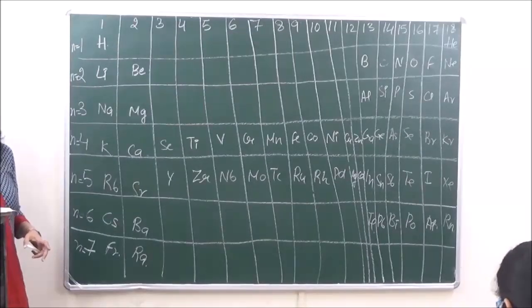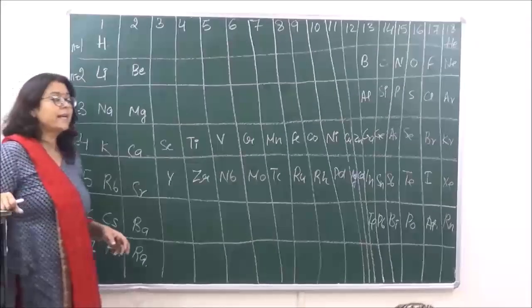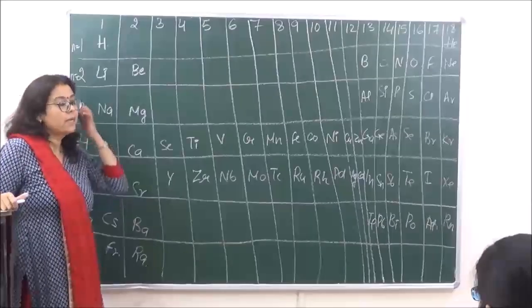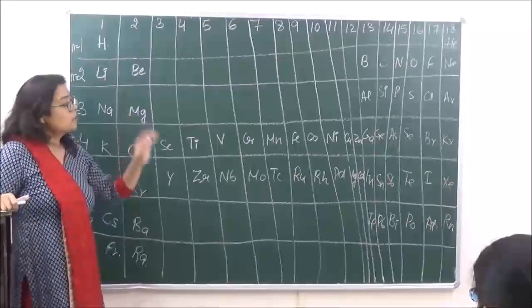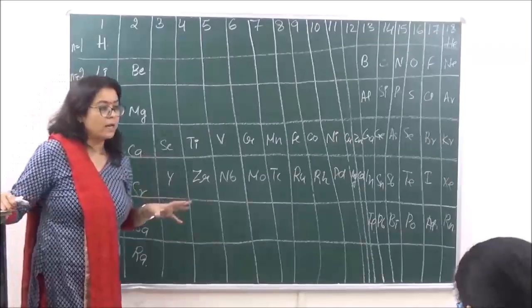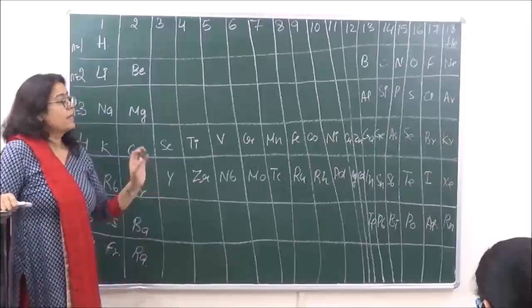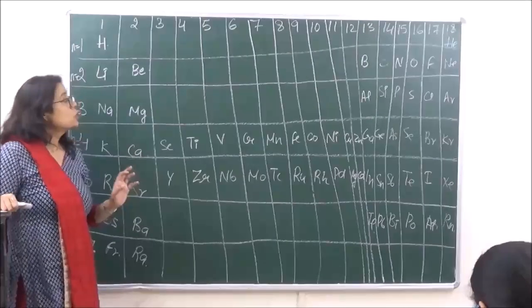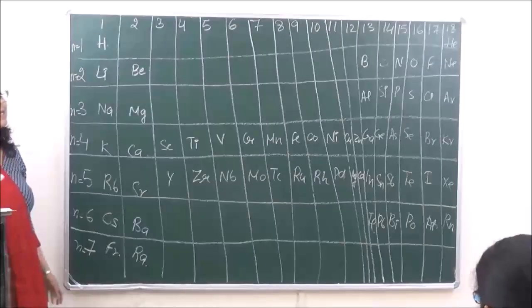Now when we are talking of the entire periodic table, that is further classified according to the differentiating electron classification. What do we understand by differentiating electron classification? The outermost electron which is present in the outermost shell, which gives every element or every group its chemical properties, that is known as the differentiating electron.